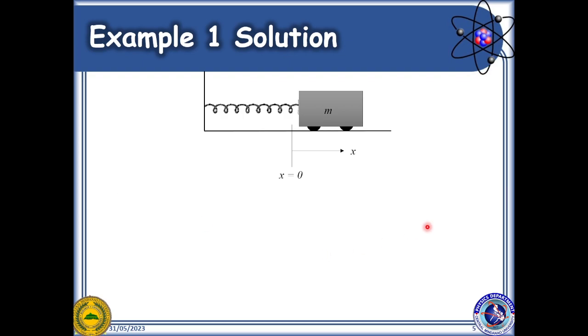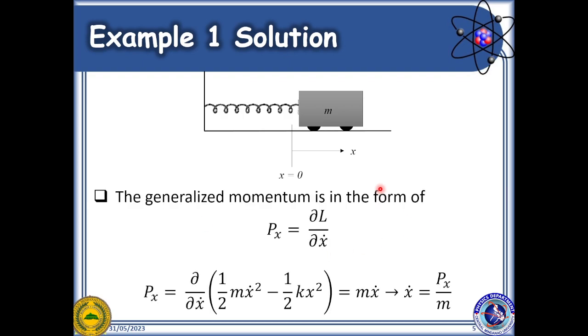In order to get the Hamiltonian formalism, first we need to obtain the generalized momentum, px, which is equivalent to the partial derivative of the Lagrangian L with respect to x dot.